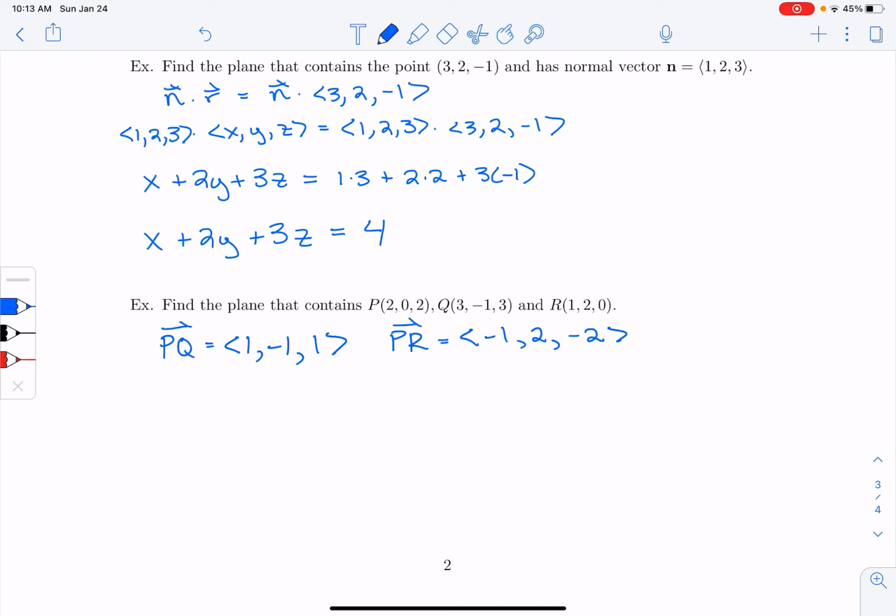Now, those two vectors are in the plane, and so now I want to find a third vector which is going to be perpendicular to the plane. So my normal vector is going to be the cross product of PQ and PR. So I'm going to fill in the vectors.